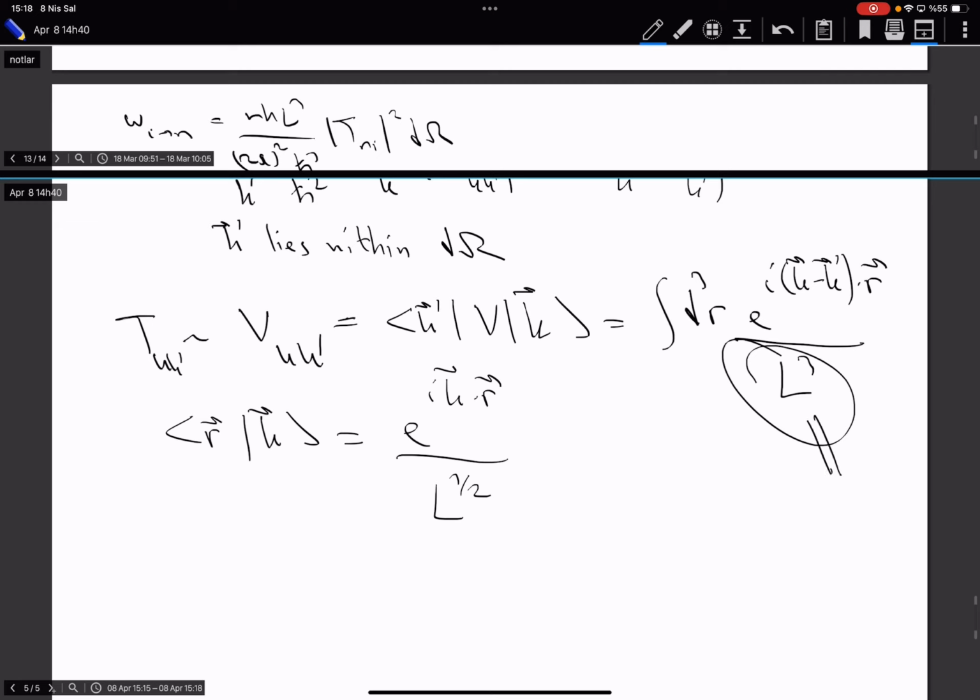No, that is the product of two wave functions. Right, then I have 1 over L cubed. So how do we get rid of that one?